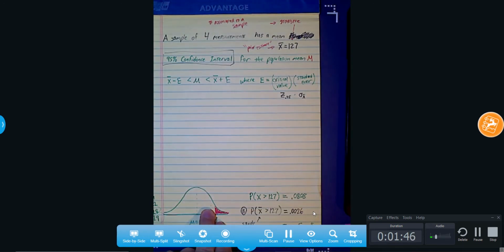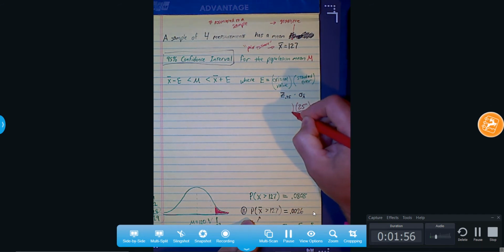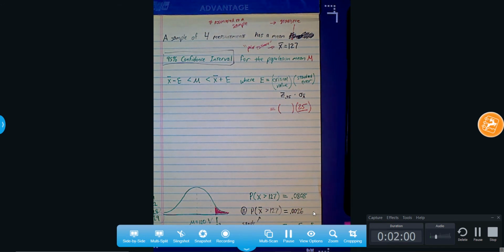Okay, so for now, let's pretend we know that. Let's say that we know that this is 2.5, okay? And I'll tell you that in general, I guess that wouldn't happen, but we'll get back to that. So we have 2.5, and now what is the z-score corresponding to 0.95, a 95% confidence interval?